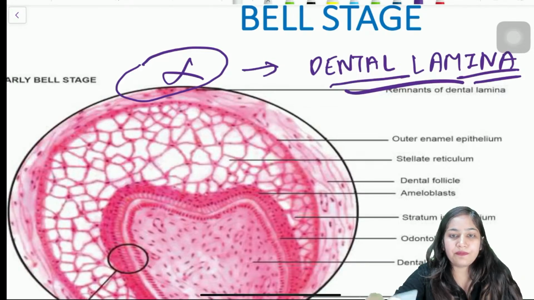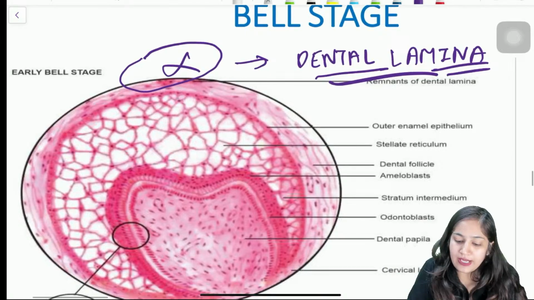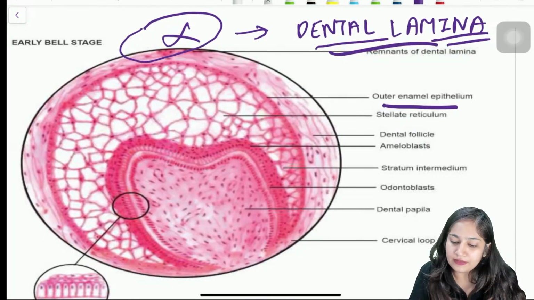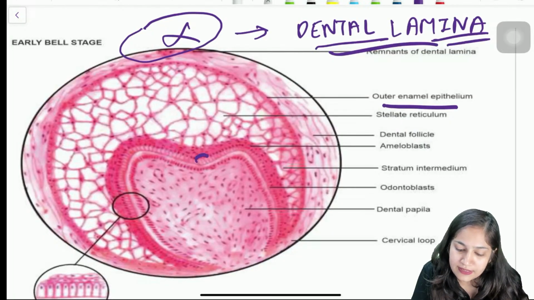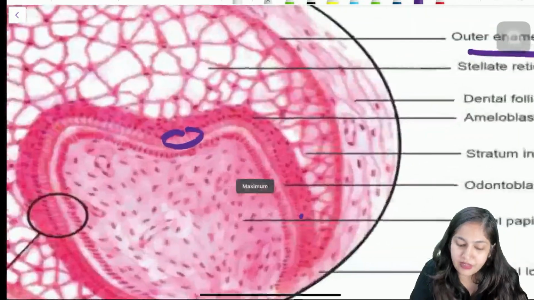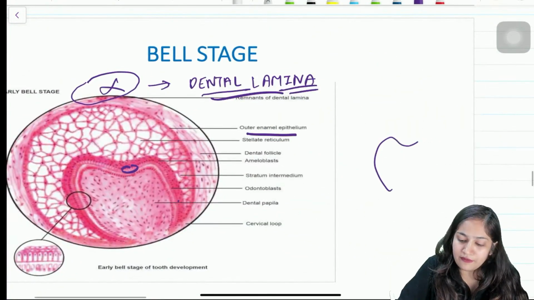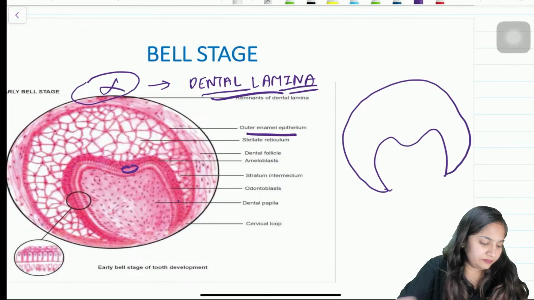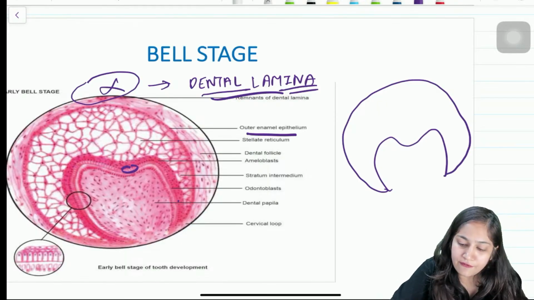From the diagram, we have outer enamel epithelium, we have inner enamel epithelium. Okay, I will make a diagram again for this so you can easily appreciate the layers. Yes, Ruchira is correct. There are 4 layers.